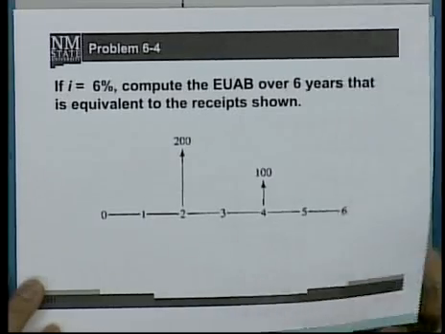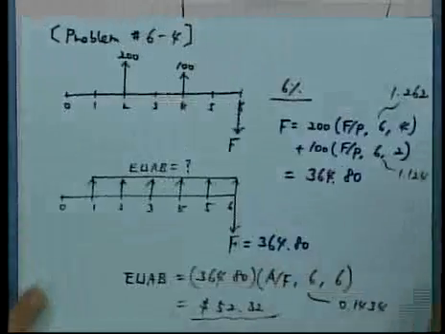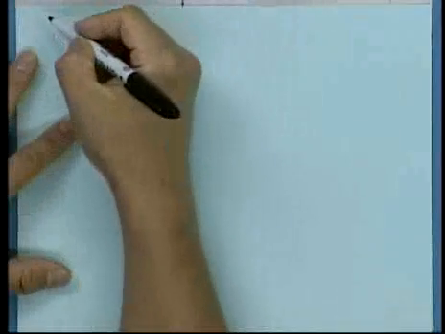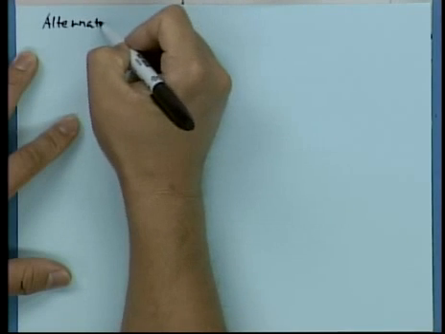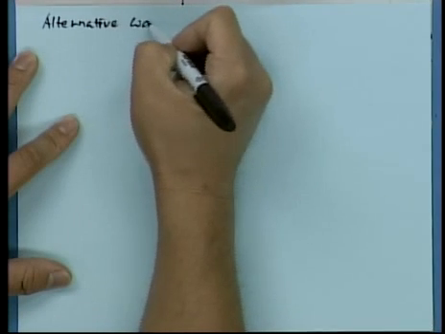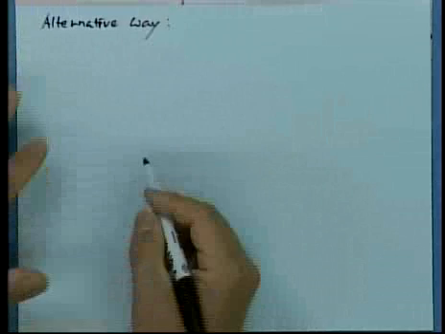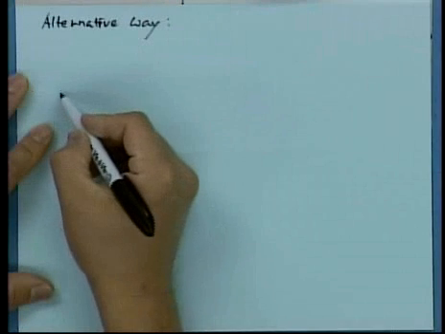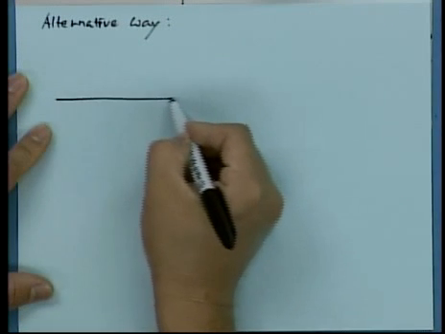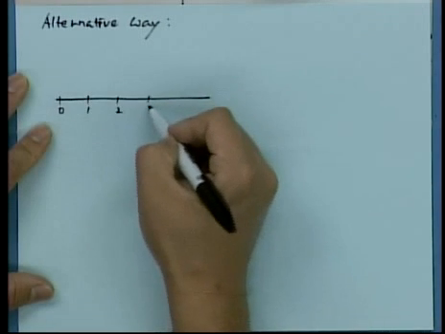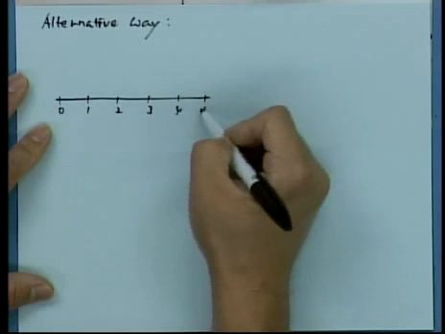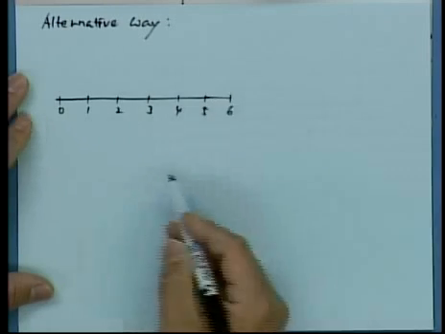So, the alternative way. We have 0, 1, 2, 3, 4, 5, and 6.